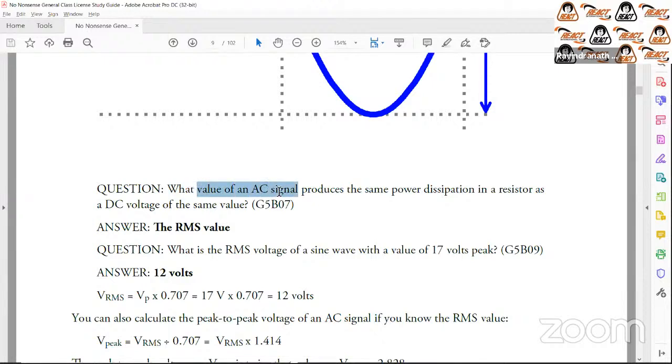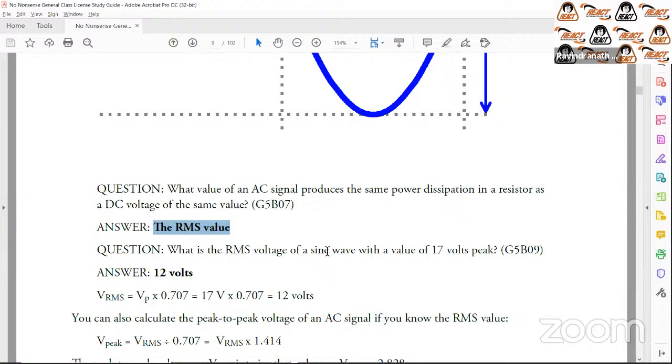The value of an AC signal that produces the same power dissipation as a DC voltage of the same value. So if you have a DC voltage and you want to know what AC voltage will give the same amount of power dissipation, you have to convert using the RMS formula. So the answer to that question is RMS.